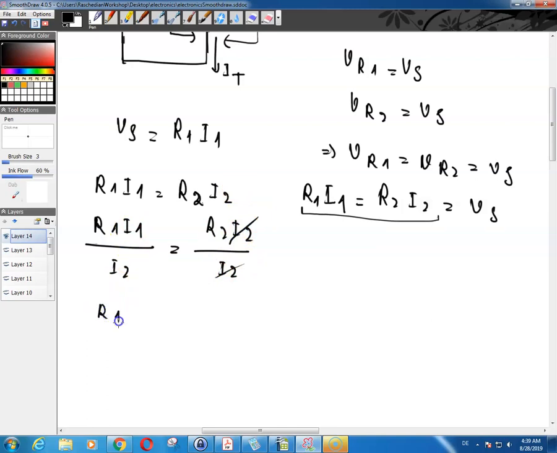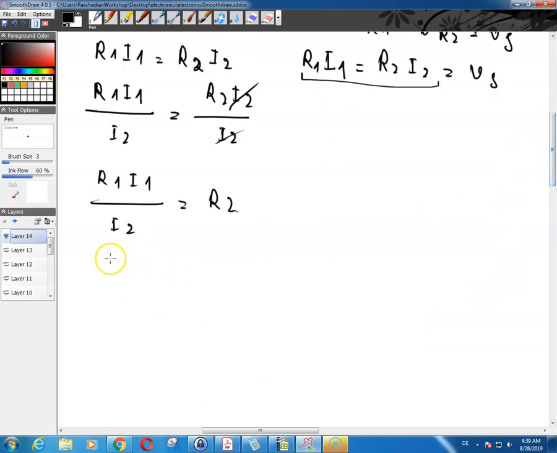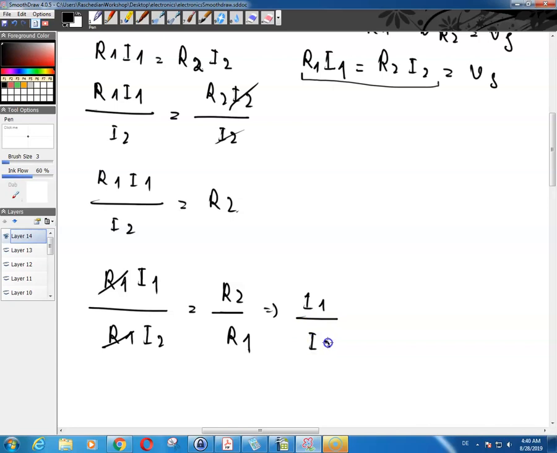You have R1 times I1 divided by I2 is equal to R2. And then if I divide by R1 on both sides of the equation, I get R1 I1 over R1 I2 is the same thing as R2 divided by R1. And then these two will cancel out, and so then you will get I1 to I2 is equal to R2 to R1.